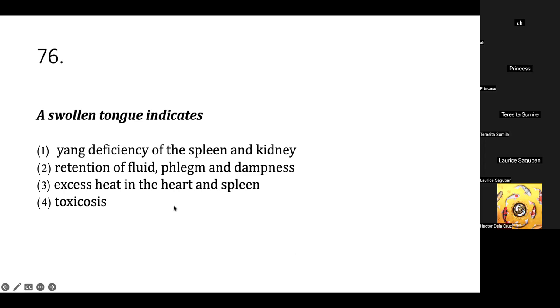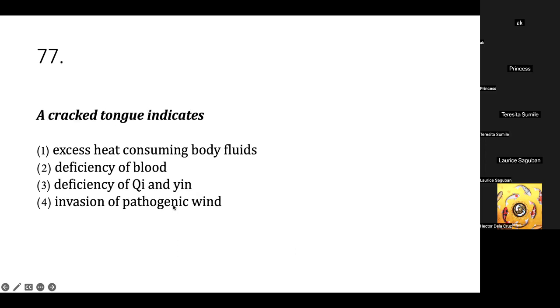Okay, number 77. Pag trauma naman, magkakaroon ng purplish, swollen purplish tongue. Kasi may possible trauma. Okay, 77. Sir, a cracked tongue. Sir, 1 and 3.